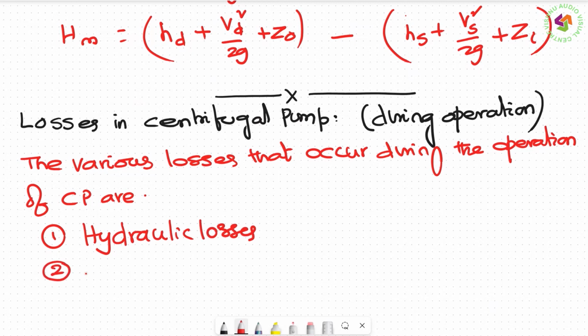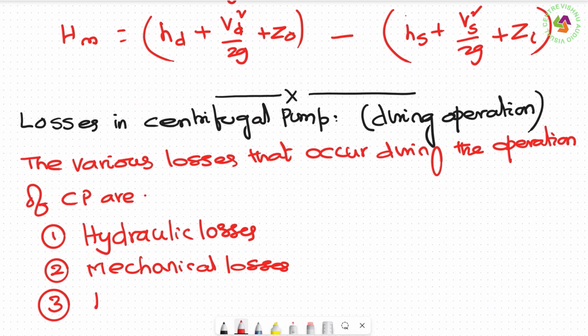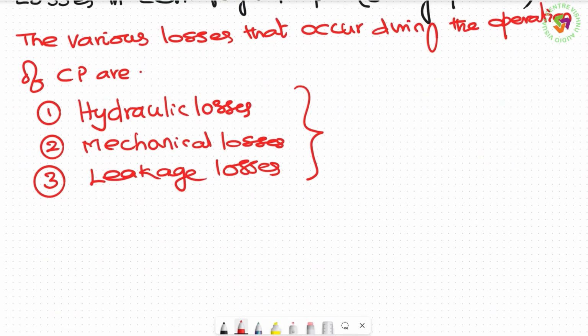The second one is mechanical losses. Number three is leakage losses. I cut it short to only three: hydraulic loss, mechanical loss, and the leakage loss.